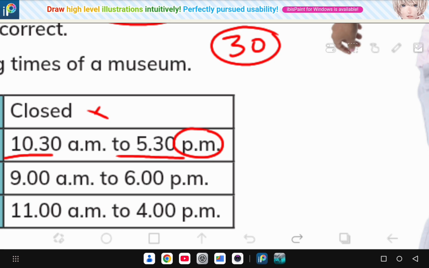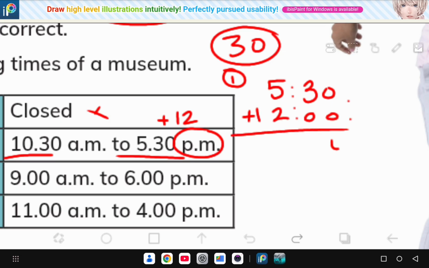Because I have p.m., I add 12 to 5:30. This is my step 1, plus 12. 0 and 0 is 0, 3 and 0 is 3, 5 and 2 is 7.